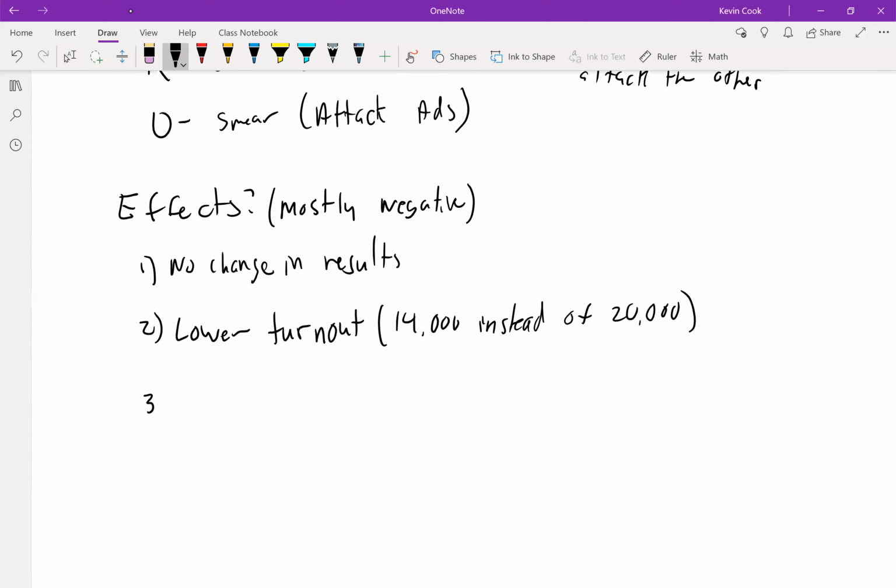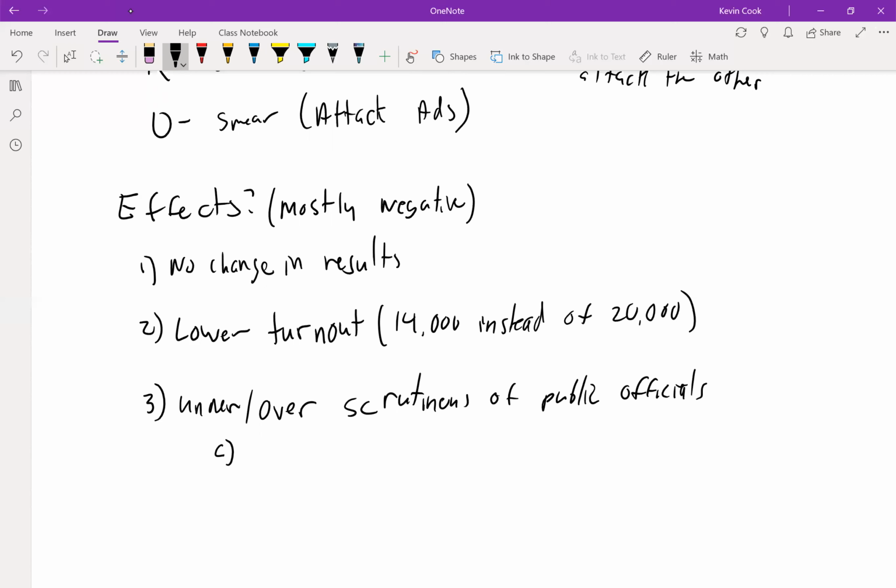But the other couple of things are, I think, kind of interesting. The third thing that I kind of phrase is we are either under or over scrutinous. Let's spell this right. Scrutinous of a candidate, of our public officials. So what I mean by that is my candidate can do no wrong.